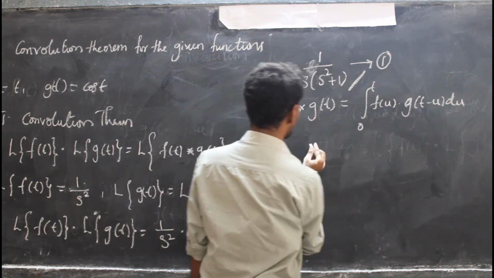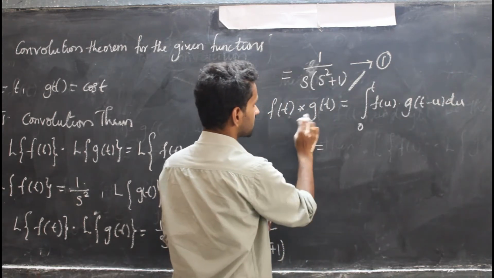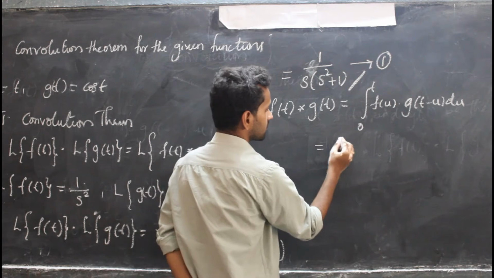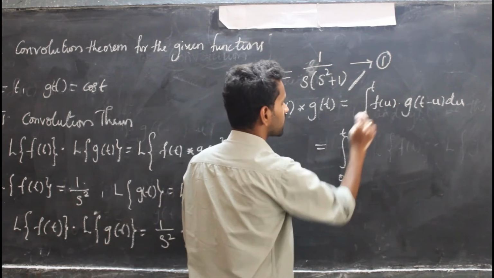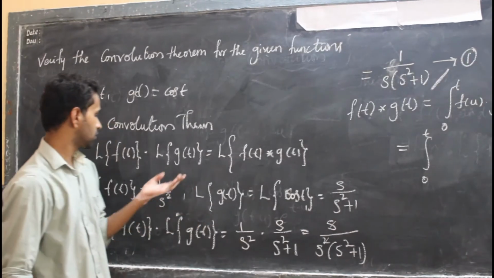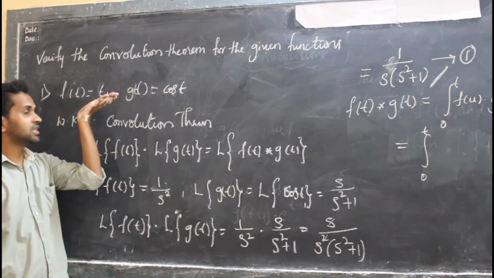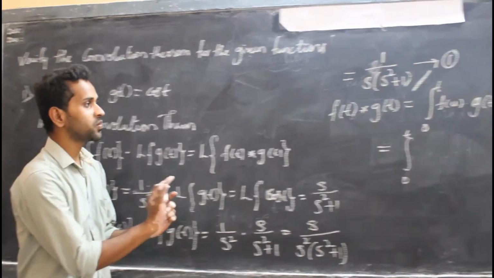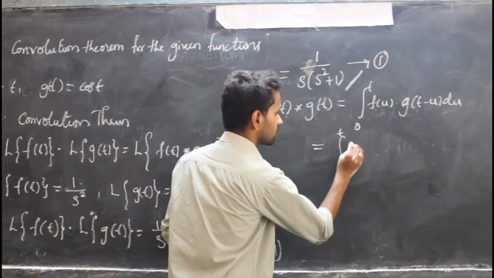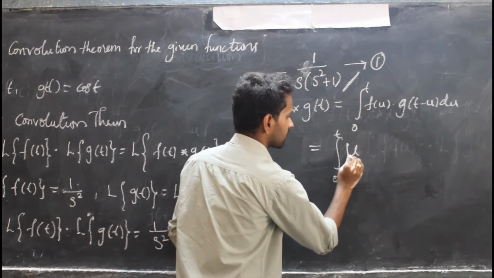So f(t) star g(t) is equal to the integral from 0 to t. What is my f(u)? My f(t) equals t, so my f(u) equals u. I am replacing t with u. That's it. Is it clear?